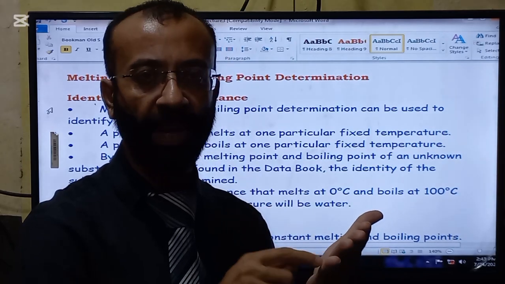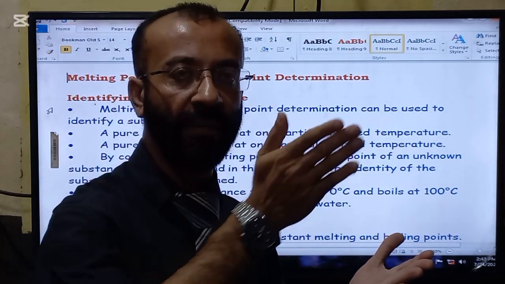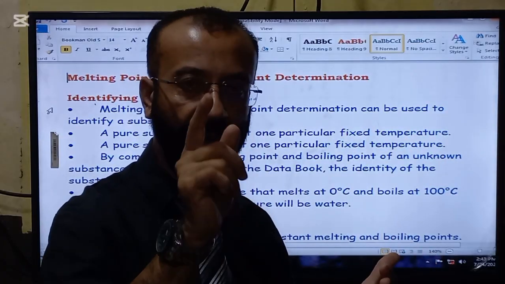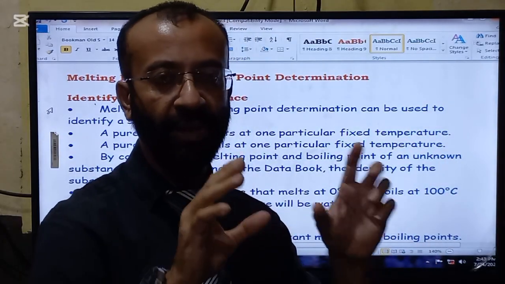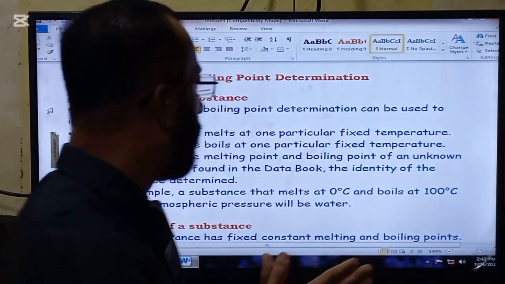So we will compare our melting point and boiling point of the substance with those given in the data book, and we will determine this substance, and we will check whether the substance is a pure one or impure.